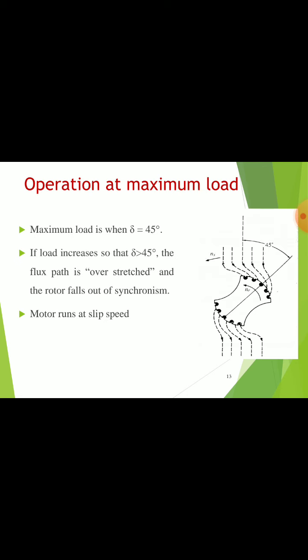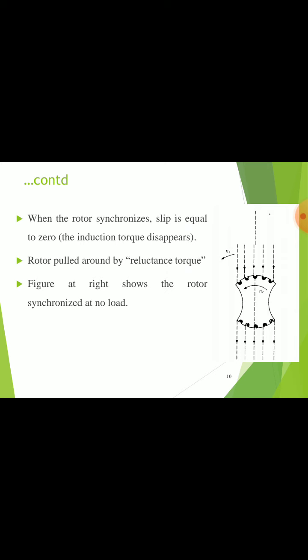Here again, the magnetic field lines are overstretched. The flux path is overstretched here. Therefore in the first figure, there is no stretching in the magnetic field lines, therefore this is the minimum reluctance position.